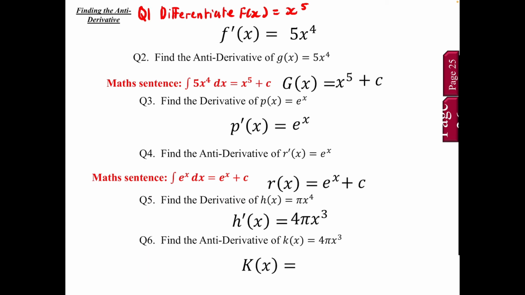If your derivative is 4x to the power of 3, then the antiderivative must be pi x to the power of 4 plus c. In maths terms, this reads, the integral of 4x to the power of 3 dx equals pi x to the power of 4 plus c.